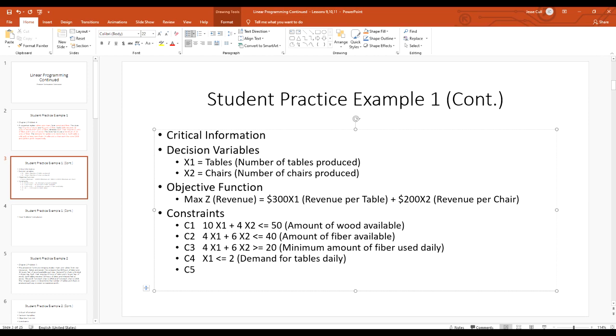So X1 tables must be greater than or equal to 2x2, which is the ratio of tables sold to chairs sold.